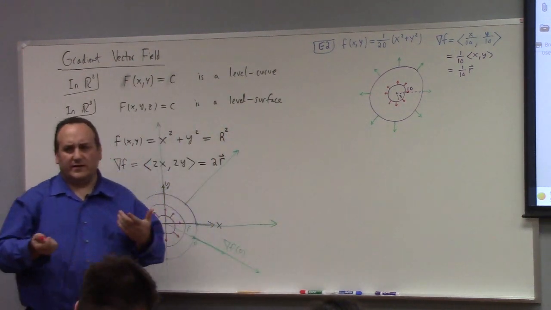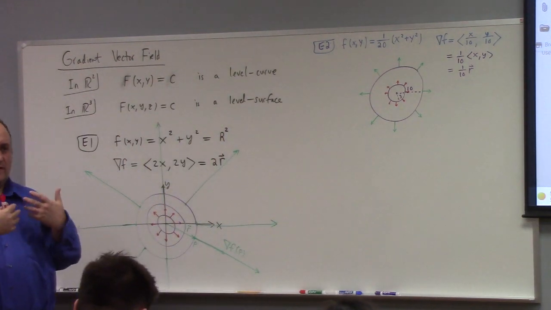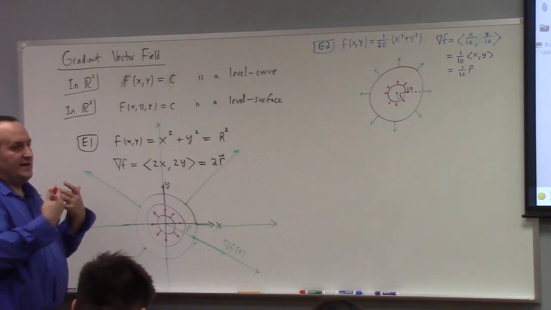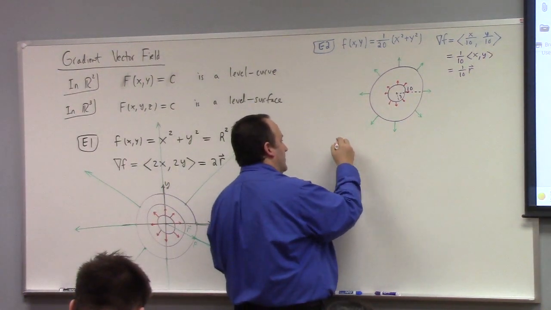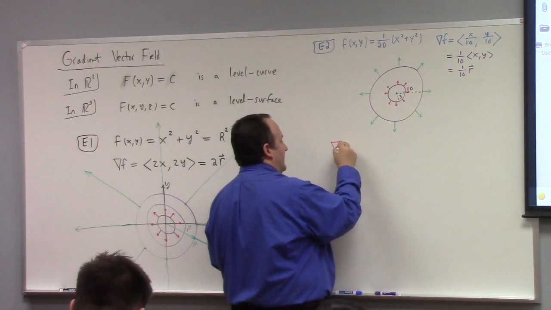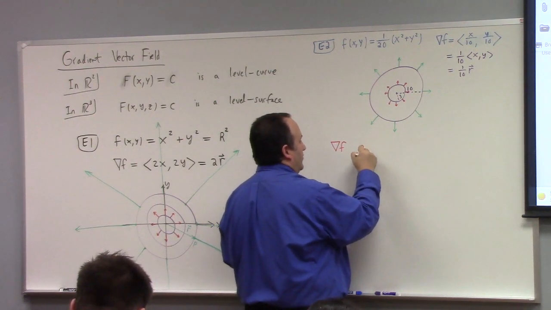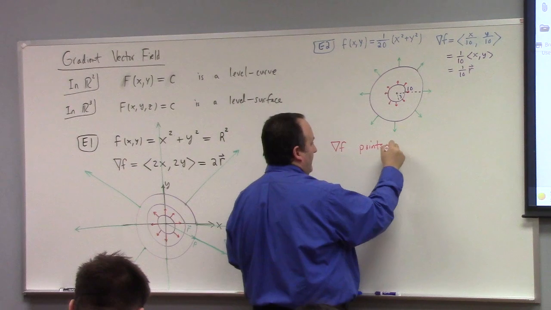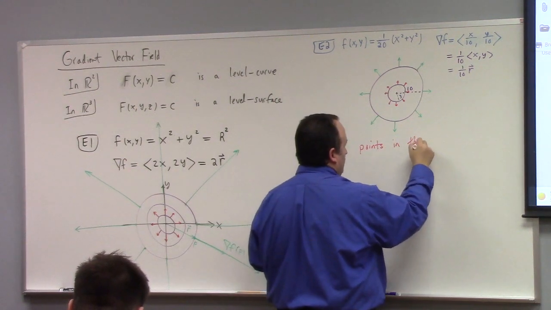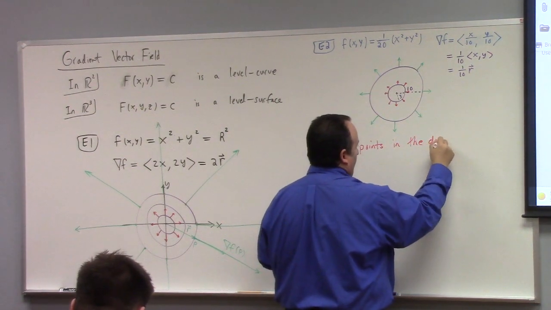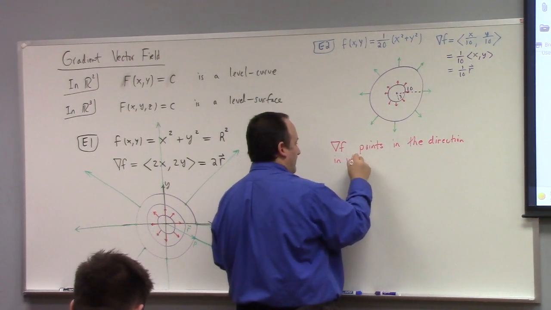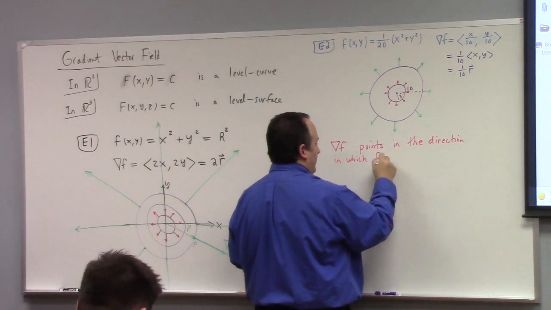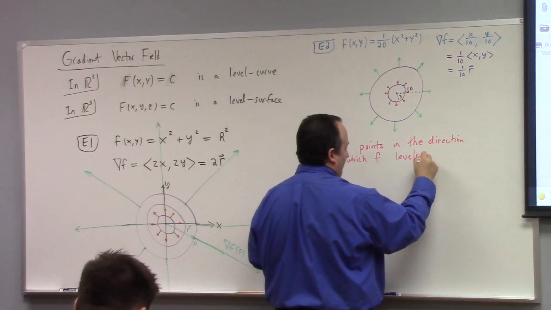All right, so the larger point here is, as we think about the gradient of f, what's it doing? If you had to describe the gradient of f, it points where? In the direction in which f levels up.